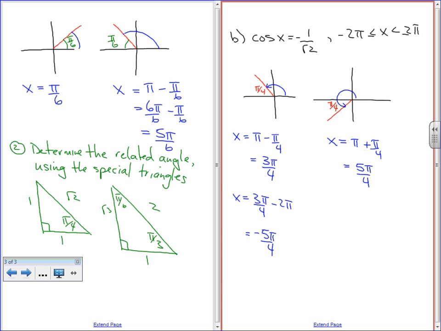And if I subtract off another 2 pi, I can keep doing that forever, right? But now I'm outside of my interval, and I don't care about those answers. I only want the answers inside of my interval. That's my first primary root. My second one will give me my other answer, which will be 5 pi over 4. Subtract 2 pi, finding a common denominator.